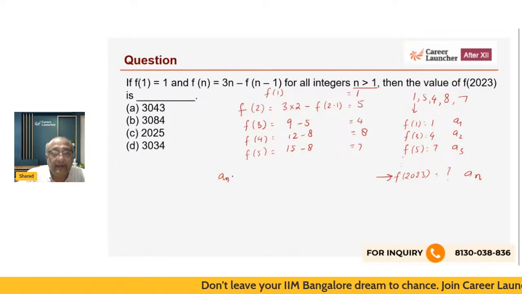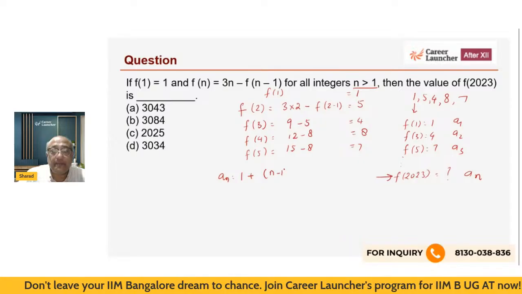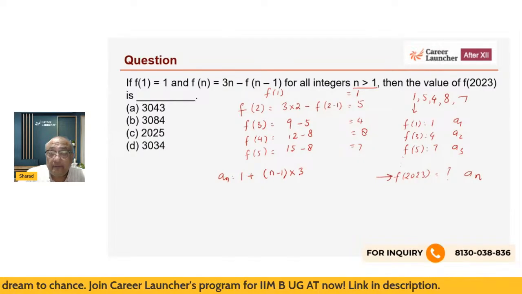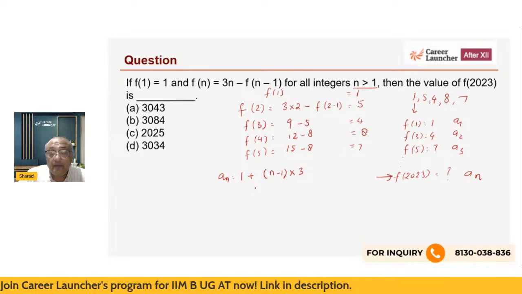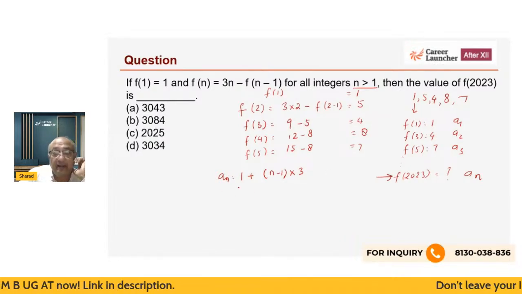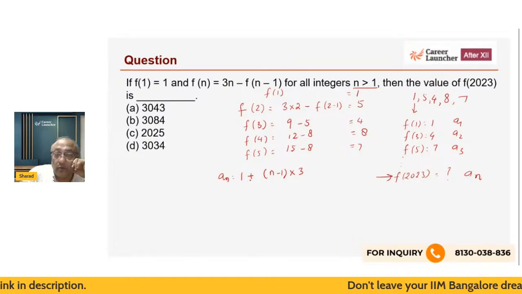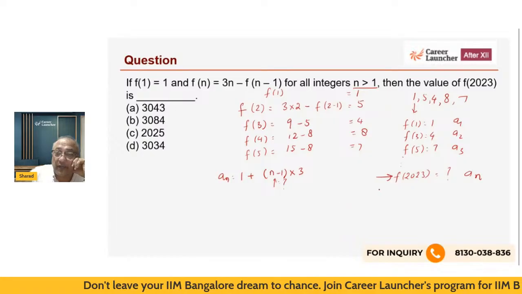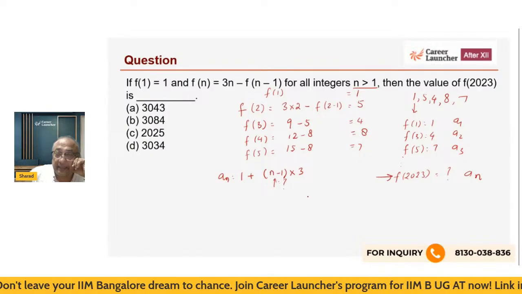So a_n is equal to first term plus (n minus 1) into 3. Correct. But this n I do not know. So I cannot simply comment because this n is not known to me. Is there some way to find n? Let's see what the way is.